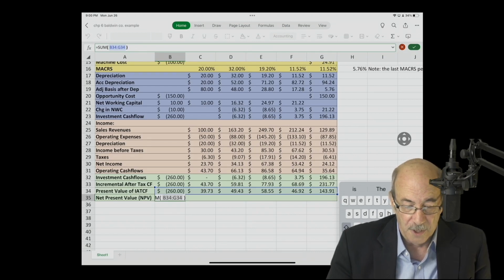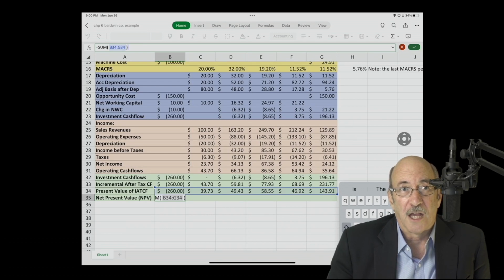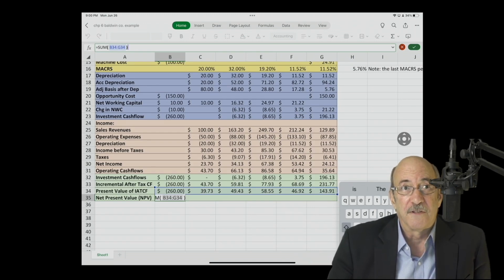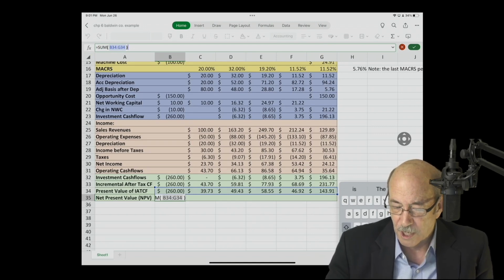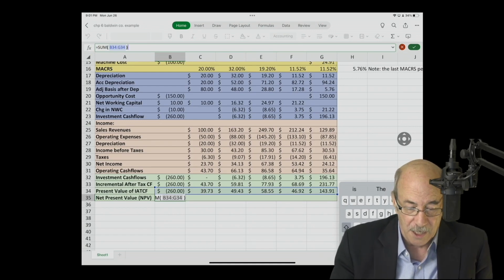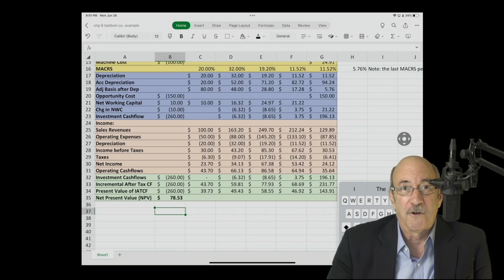And I just sum up the expense plus all of the positive operating cash flows net of any other additional investments for net working capital, and then the return of the salvage value of the machinery, return of the opportunity costs for the warehouse, and yeah, I already said net working capital, or did I? I don't think I did. All right, so all of that goes back, and I get the $78,530.